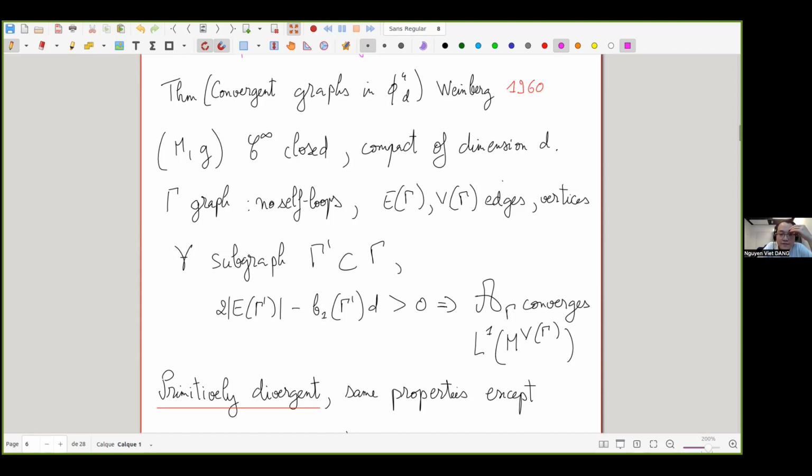The theorem says: if for all subgraphs gamma prime of your original graph, 2 times the number of edges minus the first Betti number of gamma prime times the dimension is greater than 0, then your amplitude is in fact integrable, meaning the integral makes sense and is well defined.